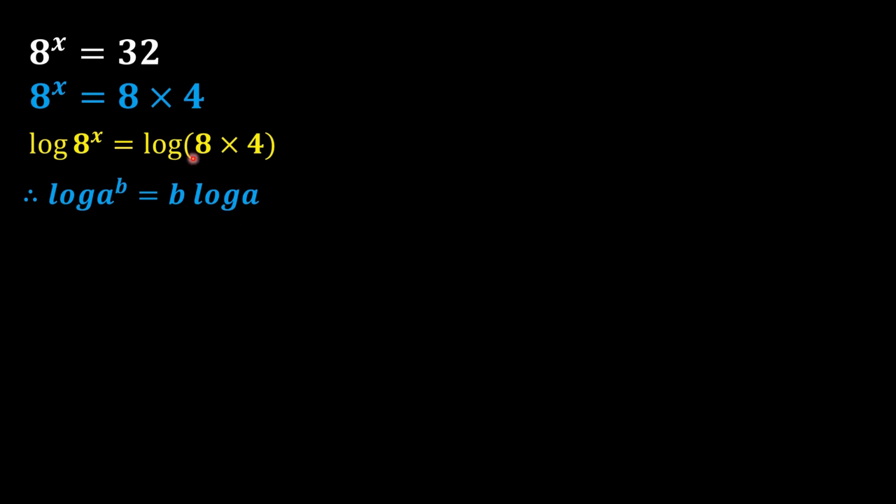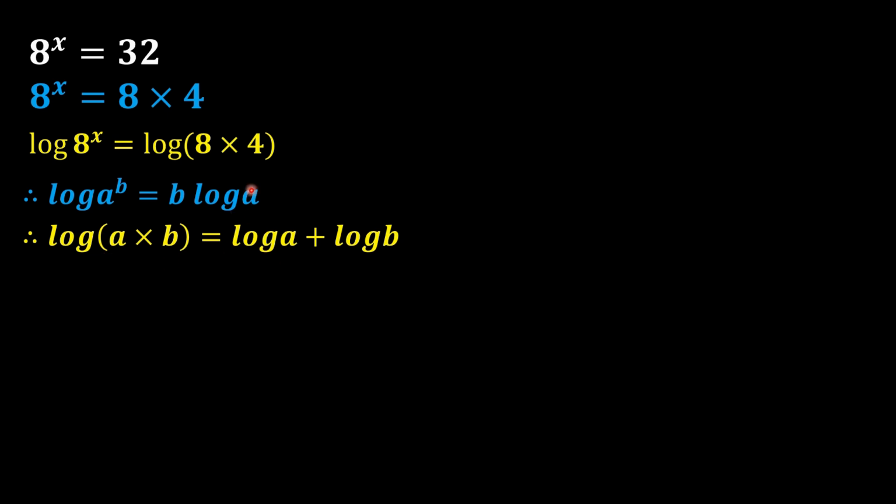And if two values a and b are in multiplication and we apply log on this value, we should get log a plus log b, because the multiplication will convert into a positive sign and both values will be written with the log.